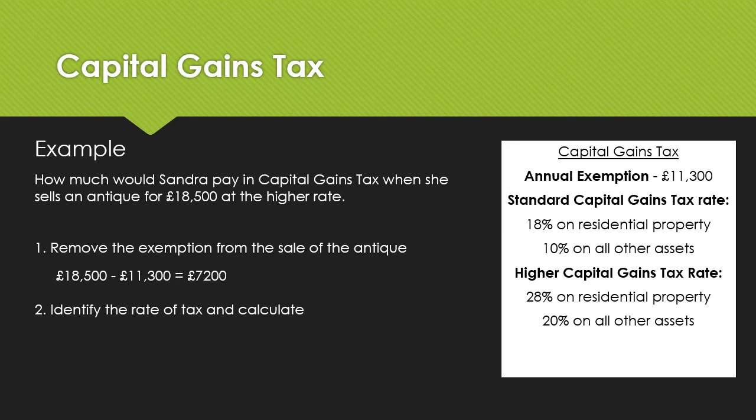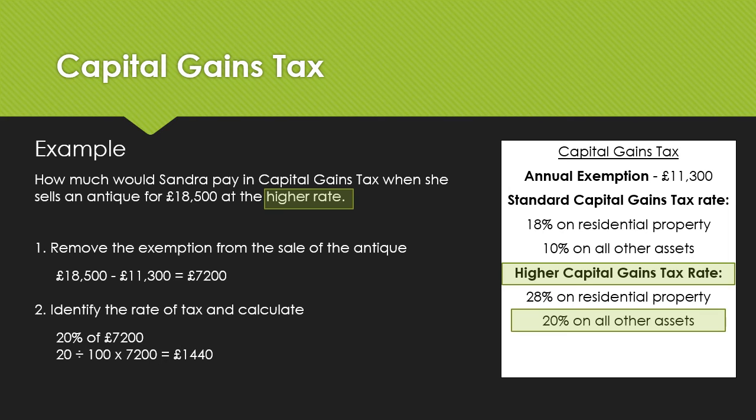Higher rate payer, so it's in the second part here, and it's not a house, so it is an other asset, which means we have to pay 20%. So 20 divided by 100 times 7,200 is £1,440 tax that will be due to the government on the sale of the antique. Okay.